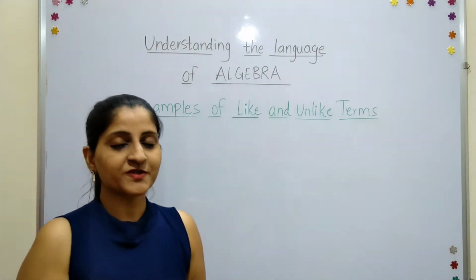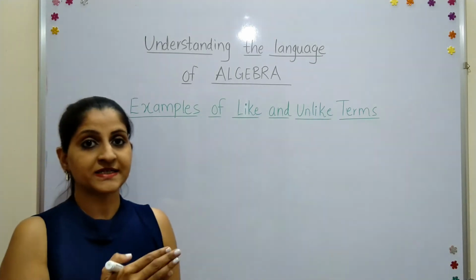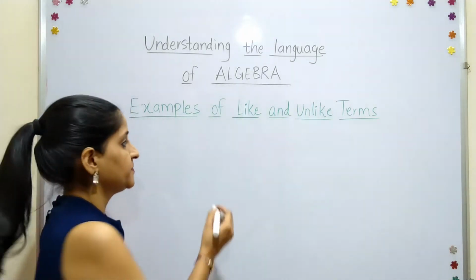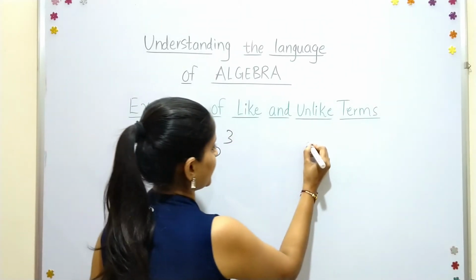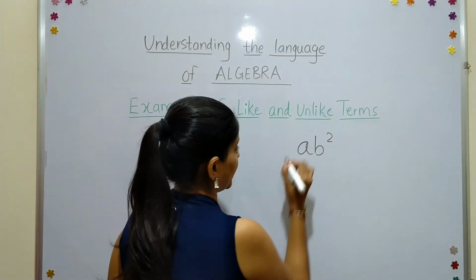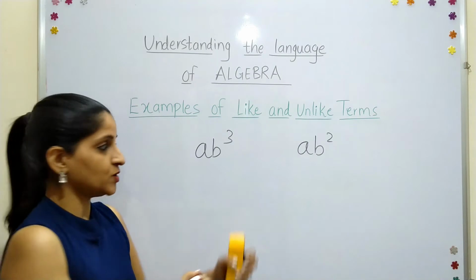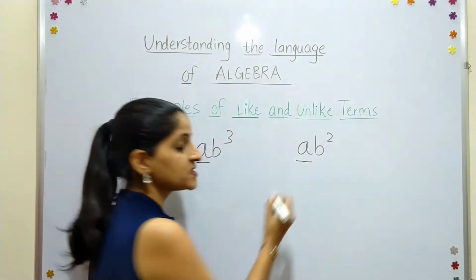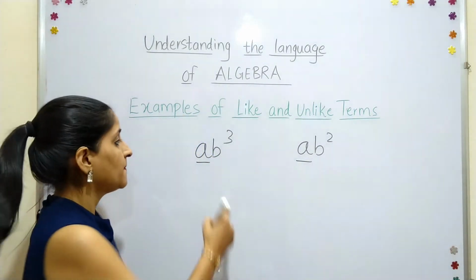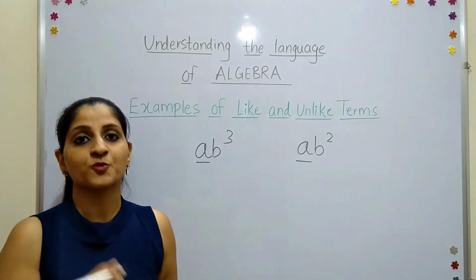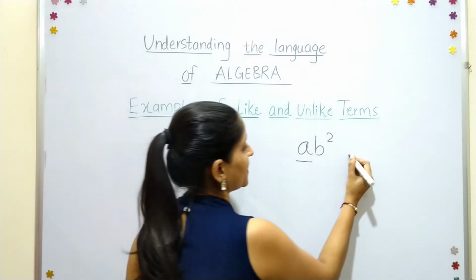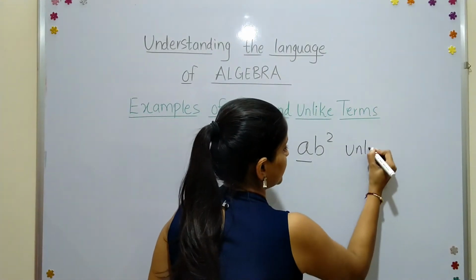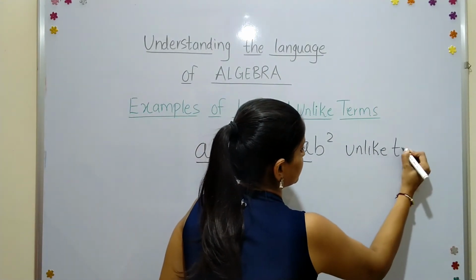Let's explore this further with one more example where there are two variables put up. If I write ab cube and ab square, here also a is the constant variable, but b has a different exponential power, and that's why ab cube and ab square are also unlike terms.